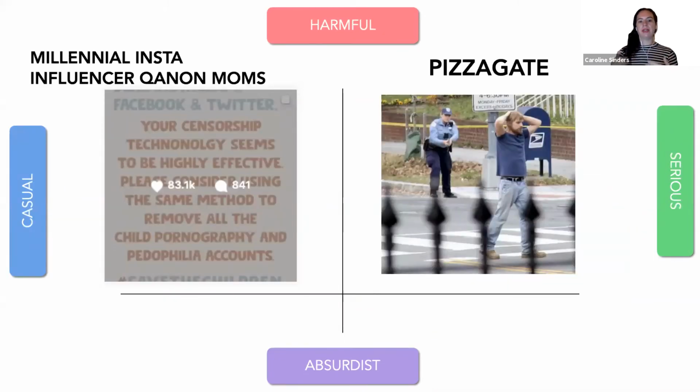So holding onto that, let's zoom in a little bit. It's really not a far cry from the kinds of awareness raised by these moms to the actual harmful, which would be something like Pizzagate. Because both of these stem from QAnon conspiracy theories, and they're the same theories that resulted in Pizzagate, with an armed man storming a pizzeria in Washington, D.C., looking for missing and abducted children.